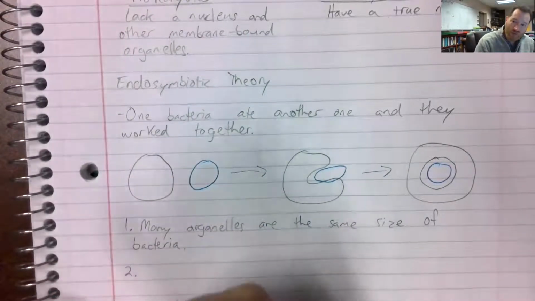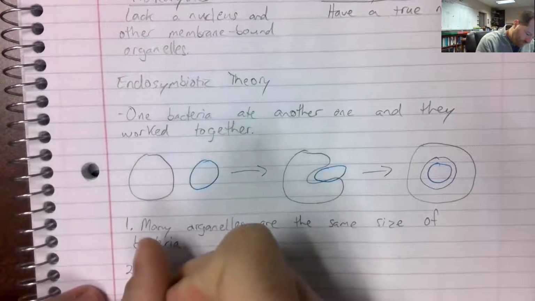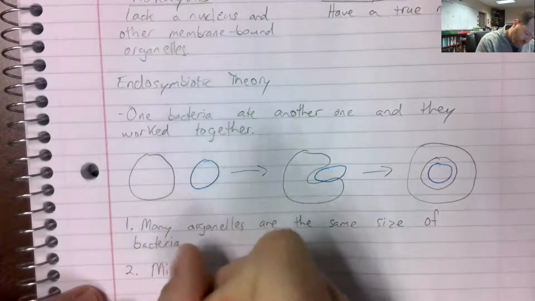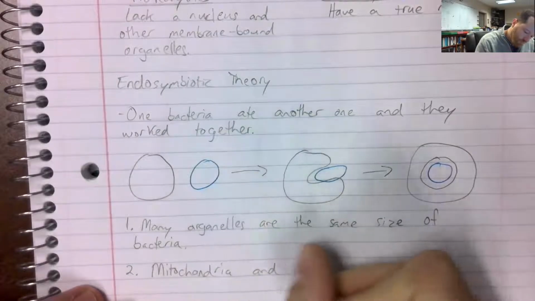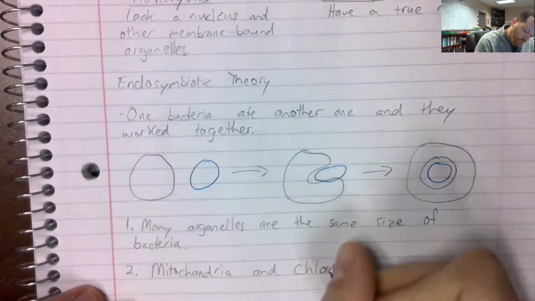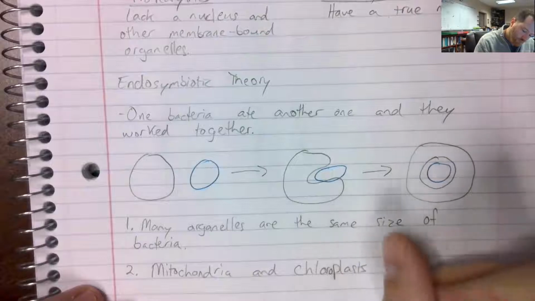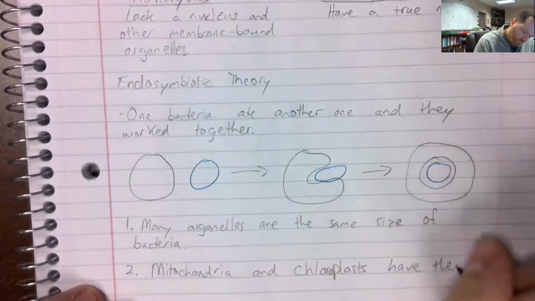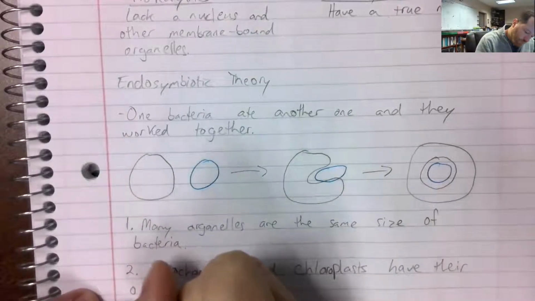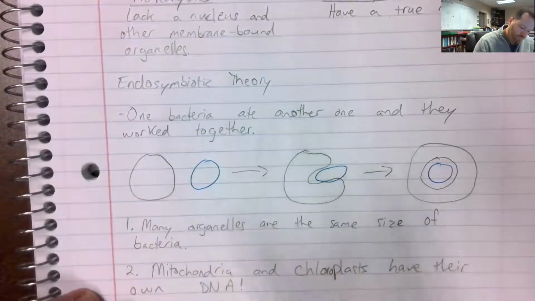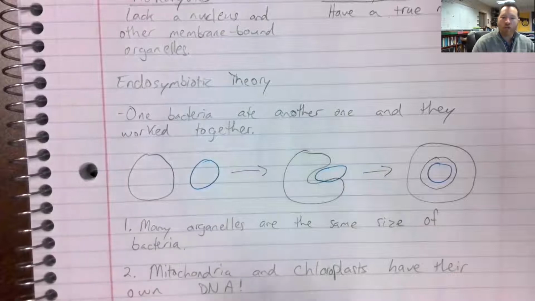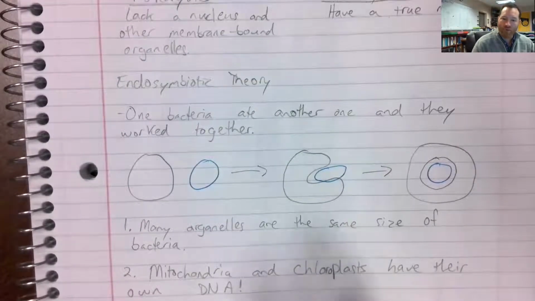Two, this next one I like a lot. This is really cool. Mitochondria and chloroplasts have their own DNA.